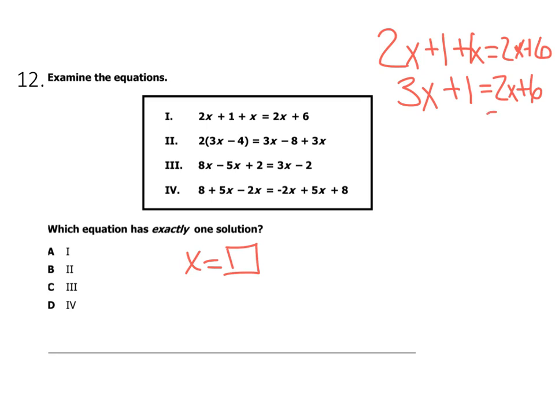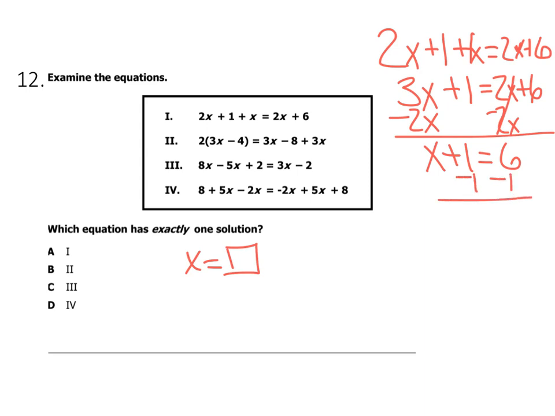I would go ahead and subtract 2x from both sides, and that leaves me with x plus 1 equals 6. Subtract 1 from both sides, and x equals 5. So this one is one solution.